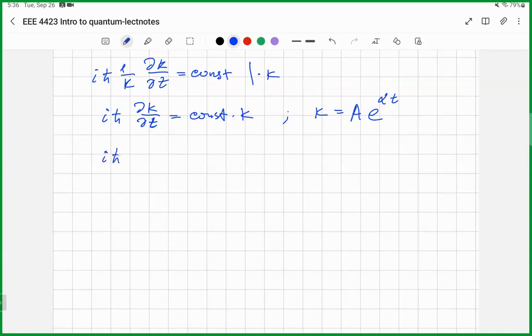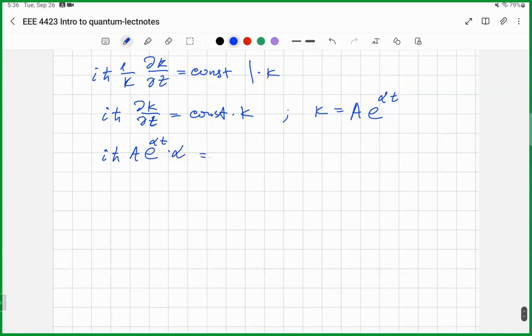So I plug this ansatz into the equation. I get i h bar, taking the derivative of kappa gives me alpha, e to the alpha t times alpha, is equal to constant A e to the alpha t.